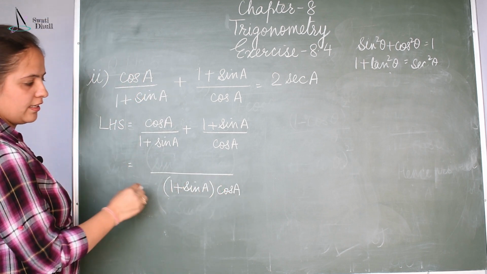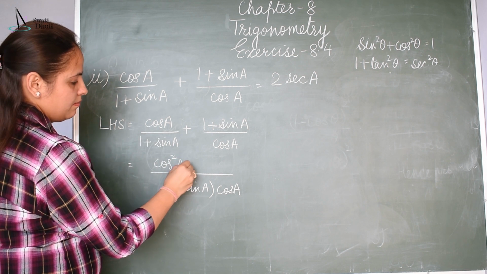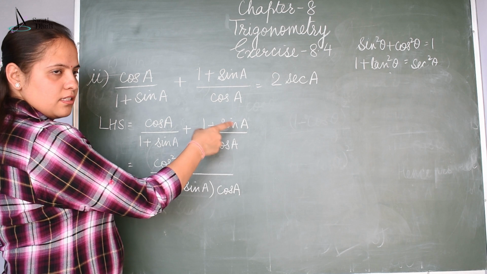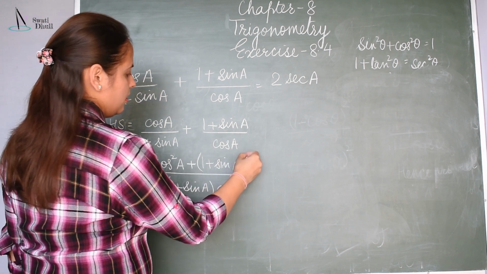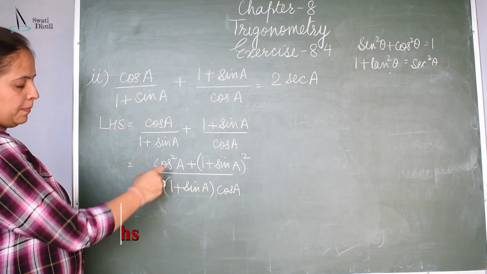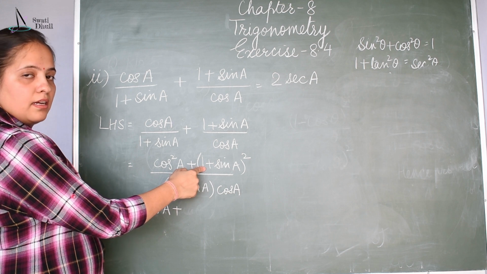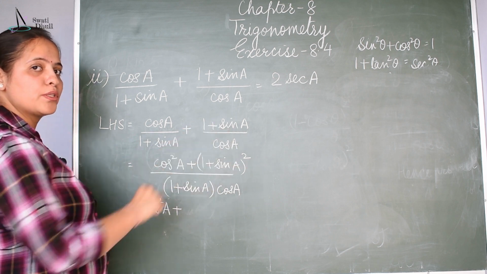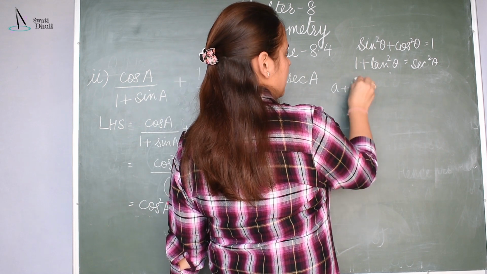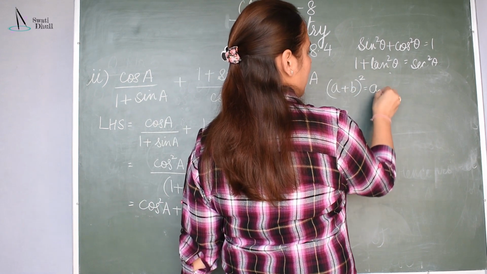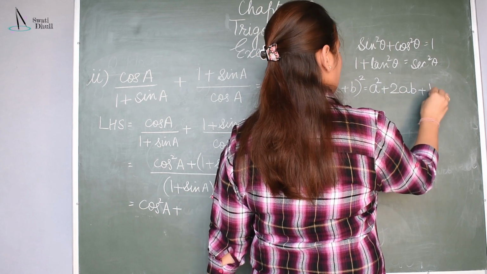Now what will be in the numerator? This will be cancelled, so cos square A plus, this will be cancelled, so (1 plus sin A) whole square. Now let's simplify. This will be cos square A plus (a plus b) whole square. Algebraic identity we have: (a plus b) whole square is equal to a square plus 2ab plus b square.